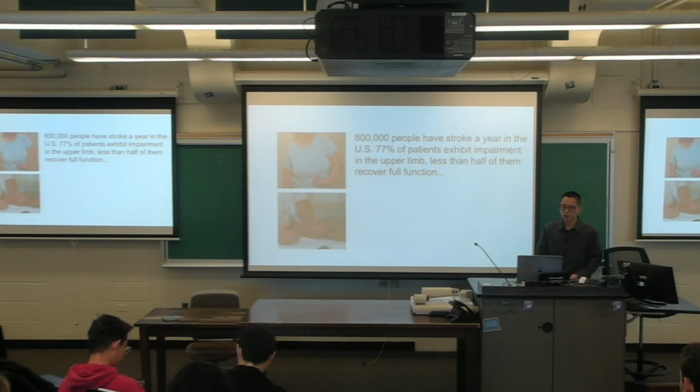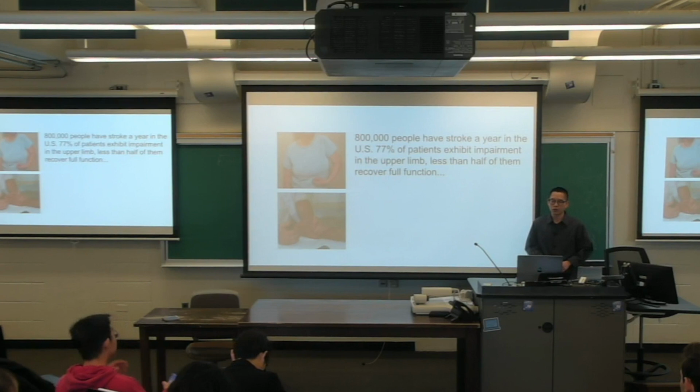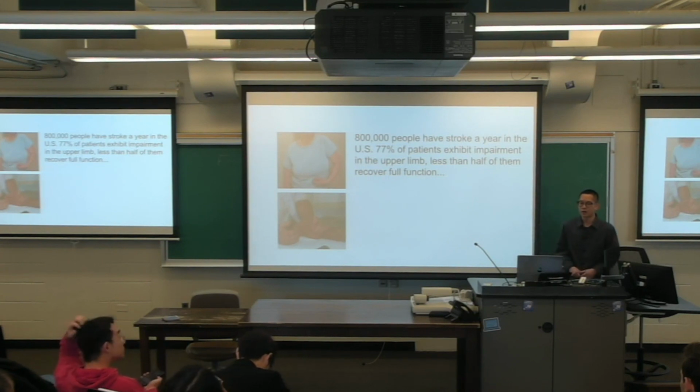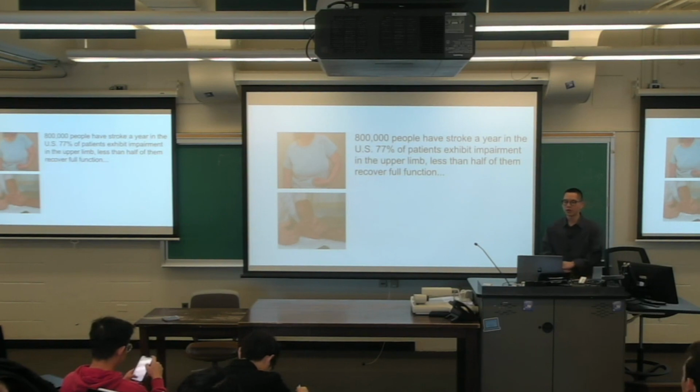So the motivation is there are 800,000 people having stroke in a year in the US, and 77% of these patients will exhibit impairment in the upper limb, and less than half of them recover full function. So the goal of this project is to help stroke subjects regain functional usage of their hand.